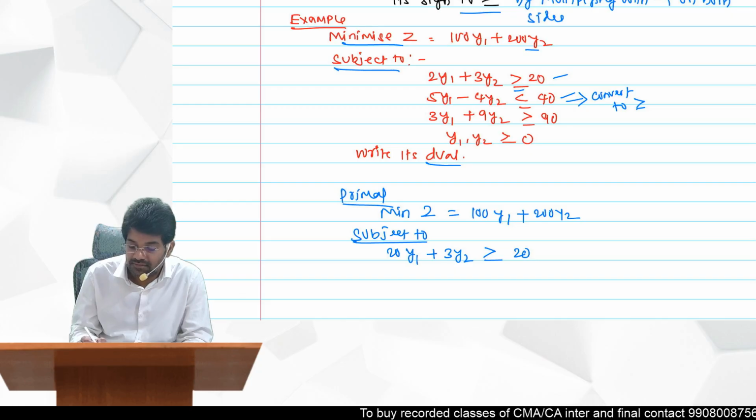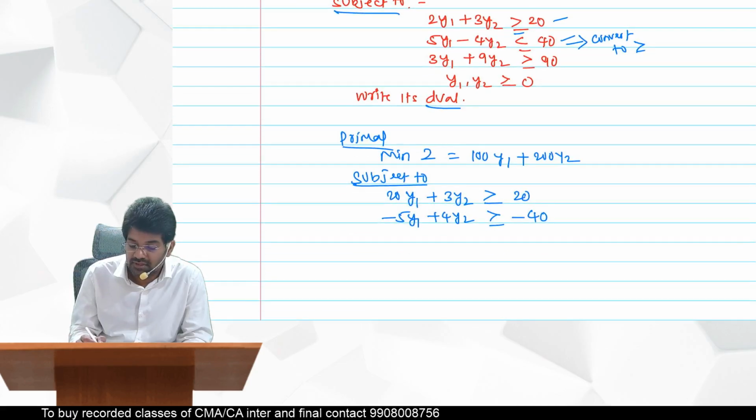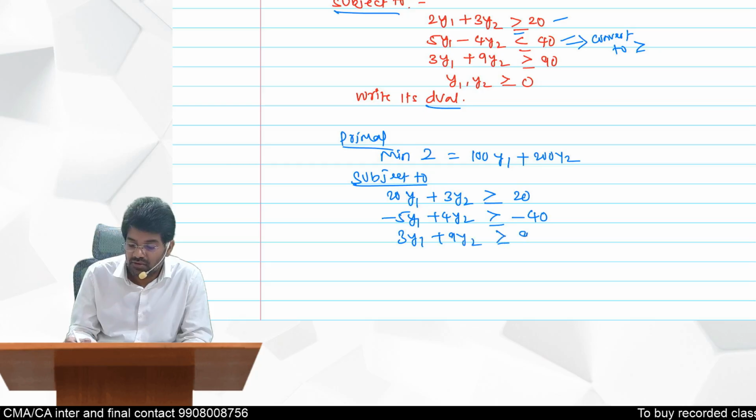Second one, minus 5y1 plus 4y2 greater than or equal to minus 40. Third one, 3y1 plus 9y2 greater than or equal to 90.